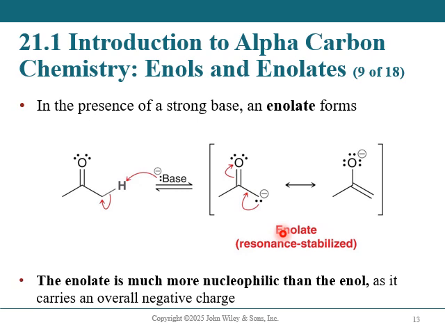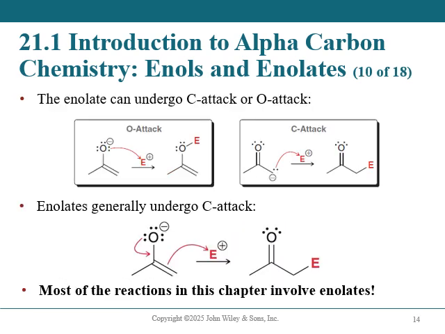The enolate is much more nucleophilic than the enol, as it carries an overall negative charge. The enolate can undergo either carbon or oxygen attack, depending on context. Enolates generally undergo carbon attack, so that will happen right here.